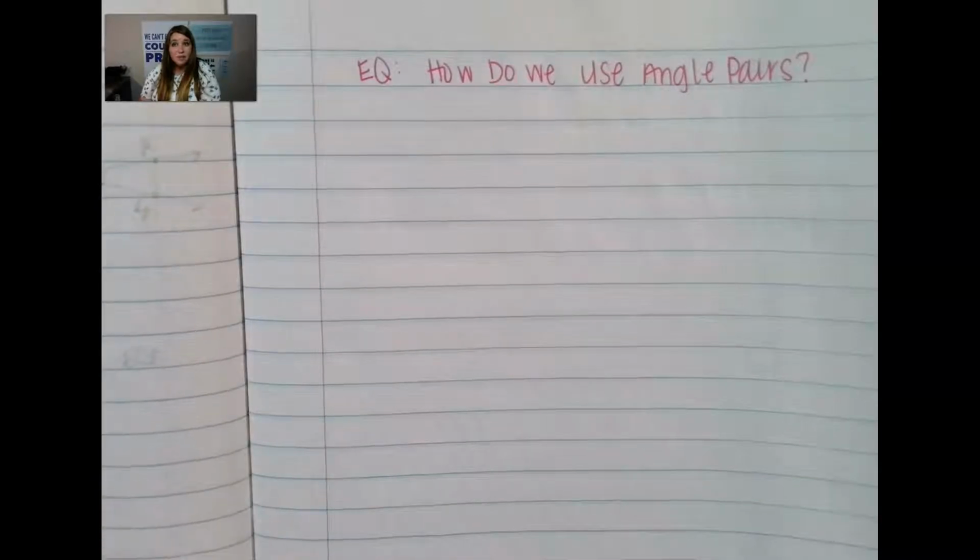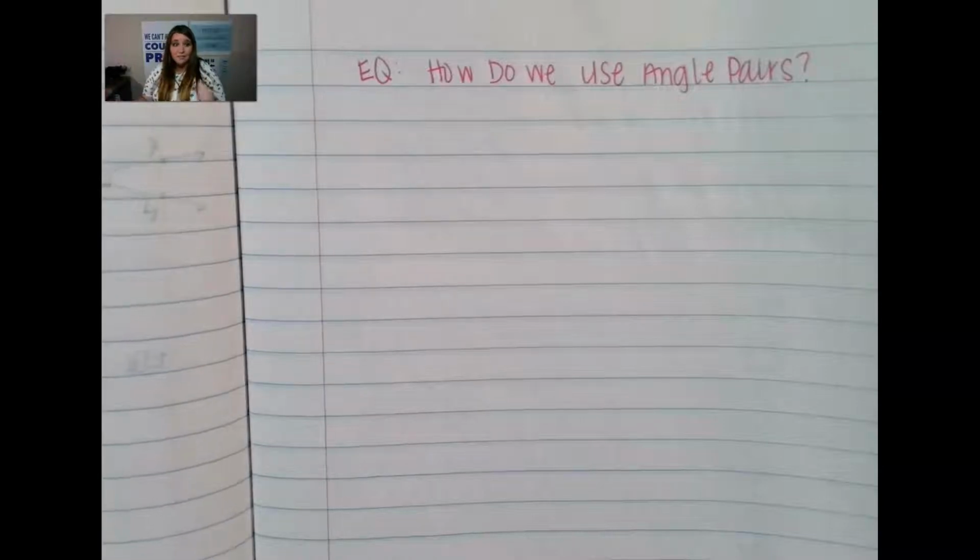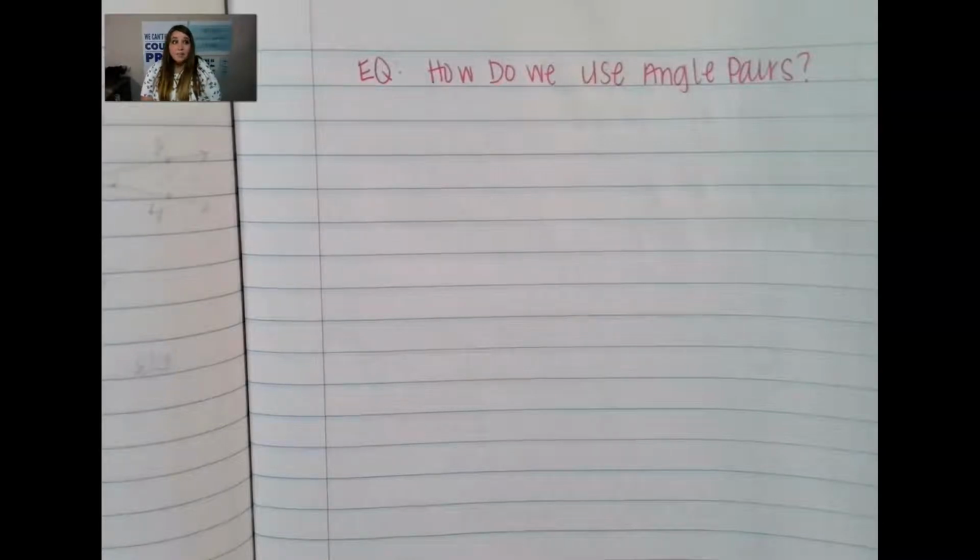Today we're going to talk about how we use those angle pairs to solve for different values. So we're going to work within those angles to solve for some unknowns. Our job is going to be to work with angle pairs and solve for unknowns today.